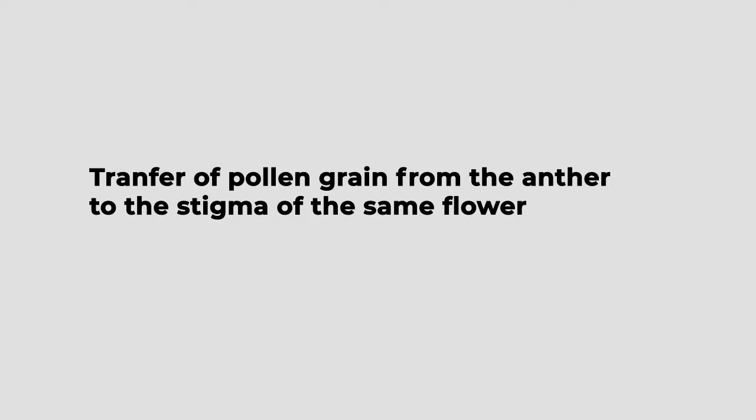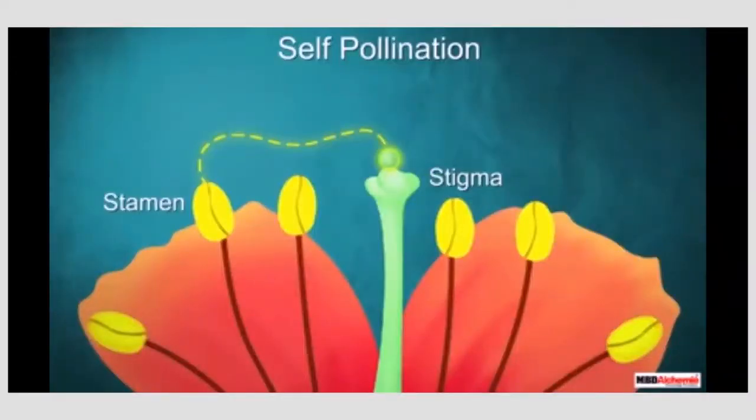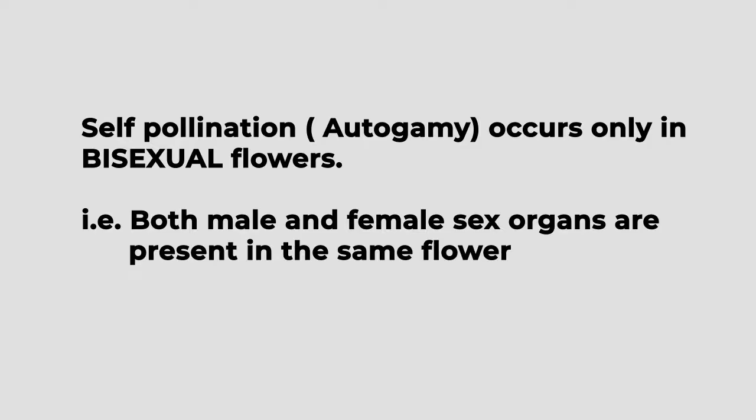It is called autogamy. Auto means self, gamy means union. Self-pollination is possible only in bisexual flowers. Both sex organs are present in the same flower in bisexual flowers.